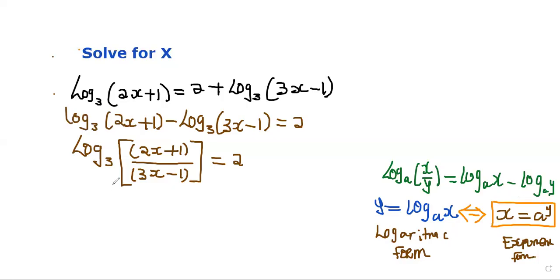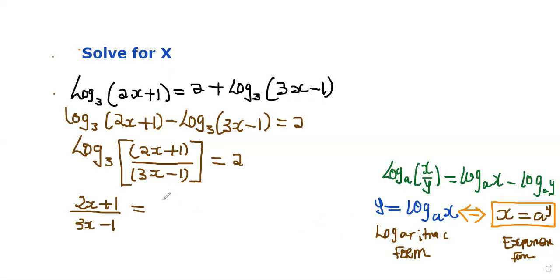As we change that, we'll now have (2x + 1) divided by (3x - 1) equals, let's check the value of a.